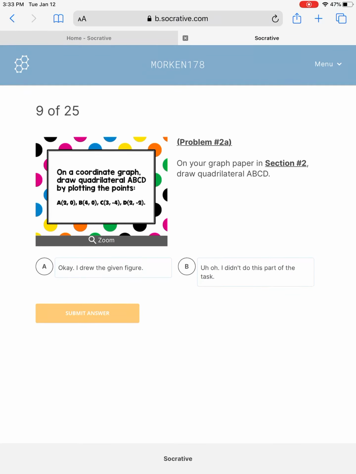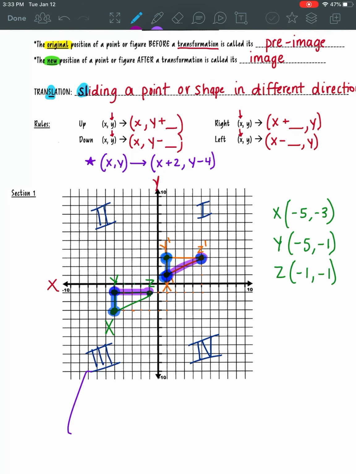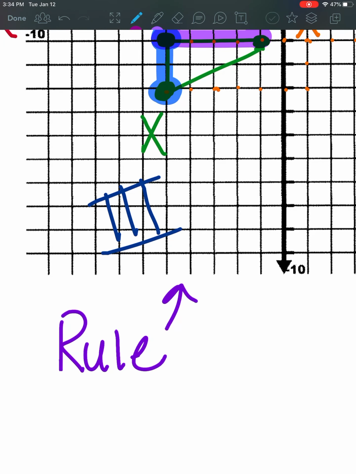Now, I want to go back to our notes, and I want to write, like I did in purple here, an actual rule for the translation that we just did. So the rule for this problem, we started with X comma Y, an ordered pair.